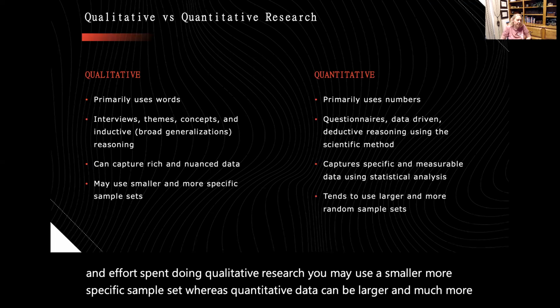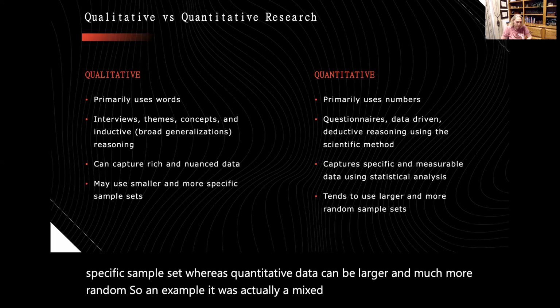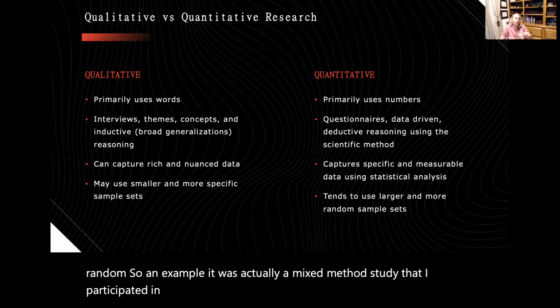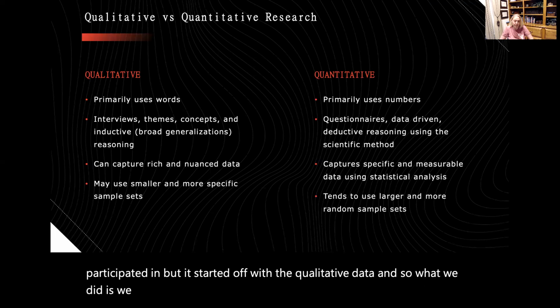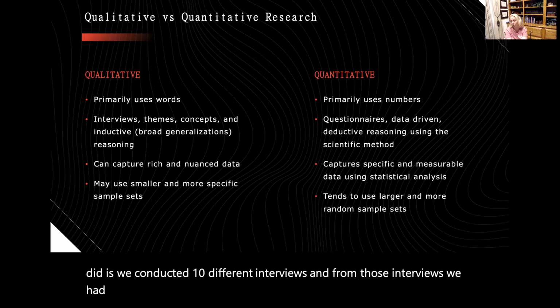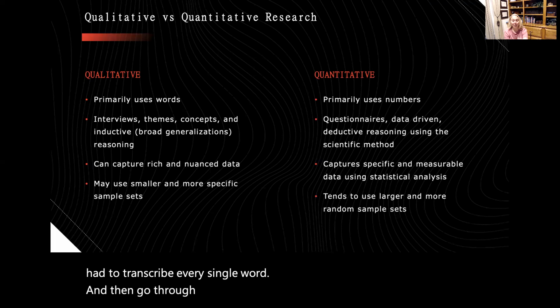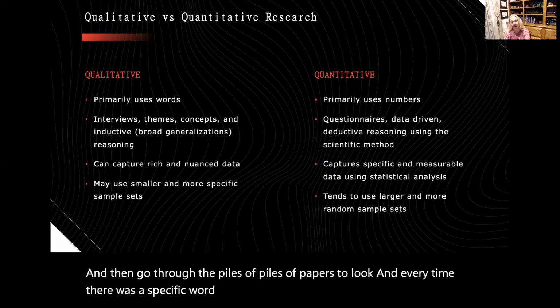So an example, it was actually a mixed method study that I participated in, but it started off with the qualitative data. And so what we did, we conducted 10 different interviews, and from those interviews, we had to transcribe every single word and then go through the piles and piles of papers to look. And every time there was a specific word used, circled it, and then look to see how many times that word was used.